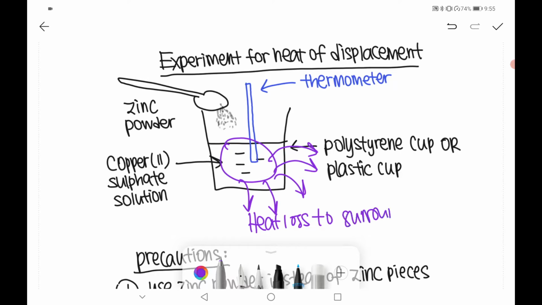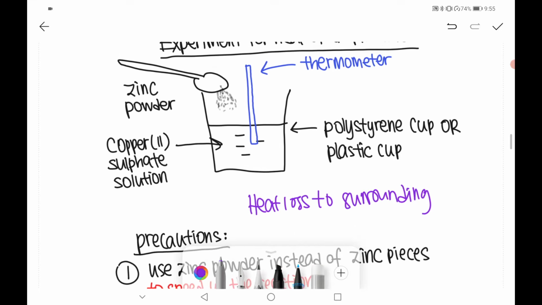So the reason why we use the polystyrene or plastic cup is because we don't want the heat to run away to the surrounding. Just like when you go to buy coffee at a coffee shop, why do they use a plastic cup to put the hot coffee? Because they don't want the heat to go out from the hot coffee.